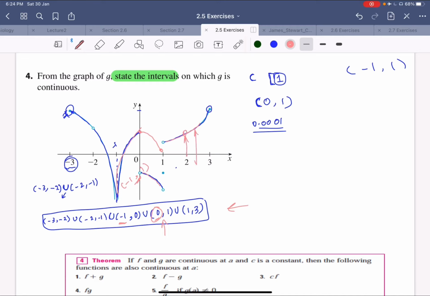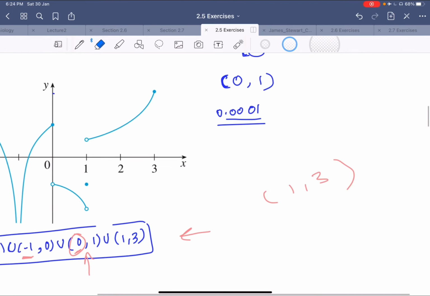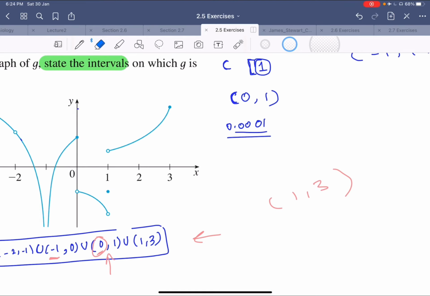وهكذا. in other words الأسئلة بتيجي إنه بيجيبوا الجراف وبيحكوا is it continuous from on the interval مثلا 1 and 3. So we come to check here. يعني مثلا نفس هذا الجراف بس حكي لنا إذا it's continuous on this interval. فبنيجي إحنا عند هذا الرسمة بنروح بين ال 1 وال 3.